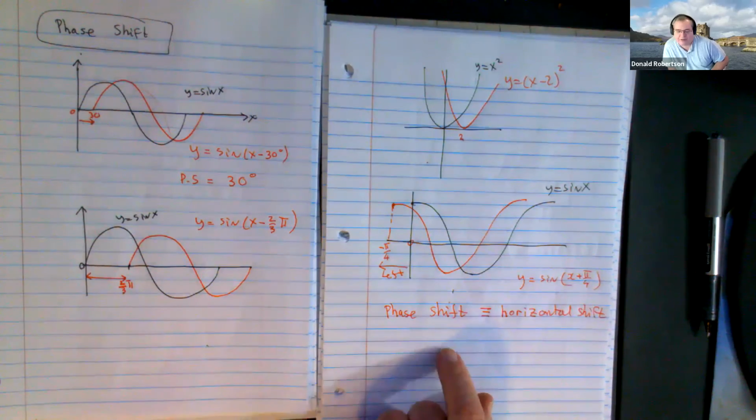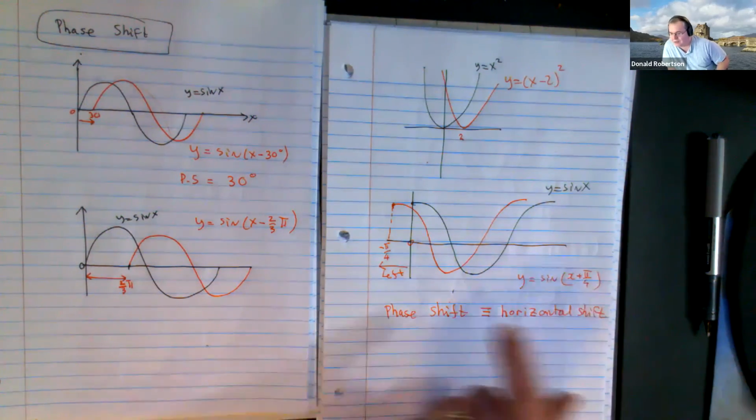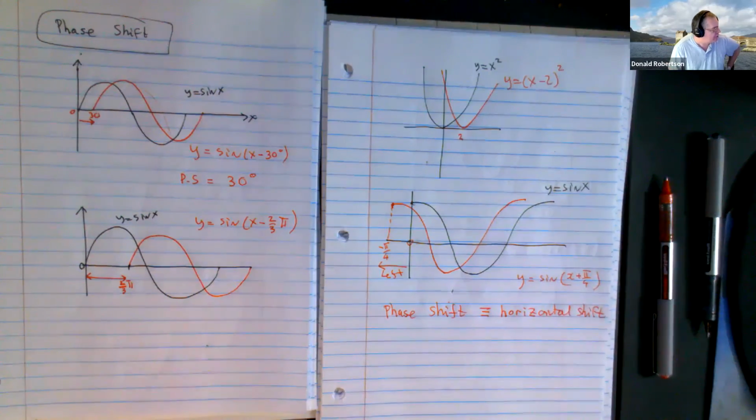Horizontal shift, I think it makes more sense, moving it horizontally. So I guess that's why they also choose that name. They are the same thing. So horizontal shift is the same thing as phase shift. But phase shift is more realistic in the outdoor world.